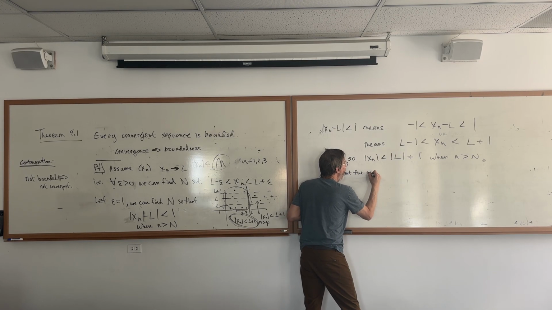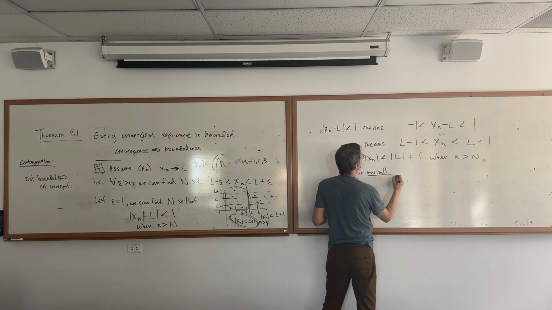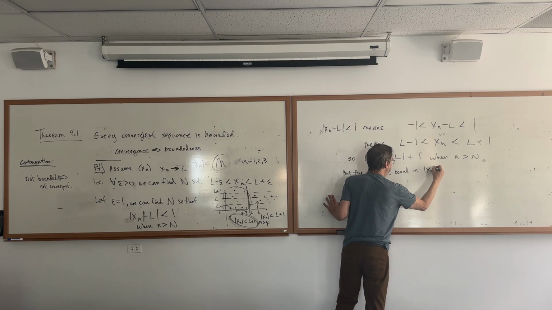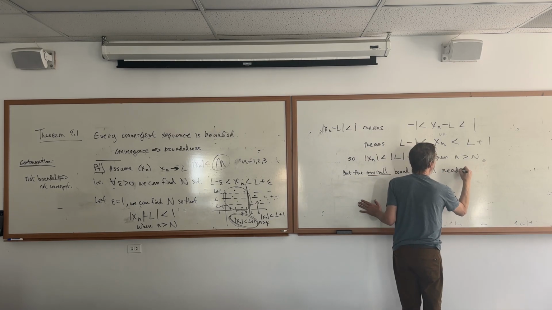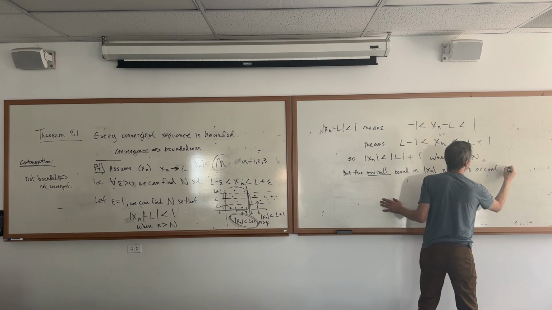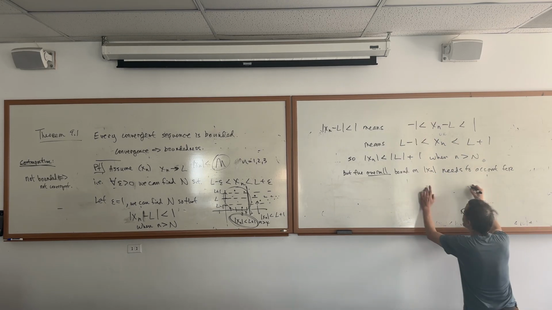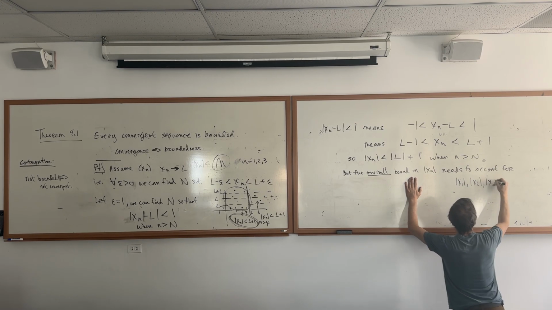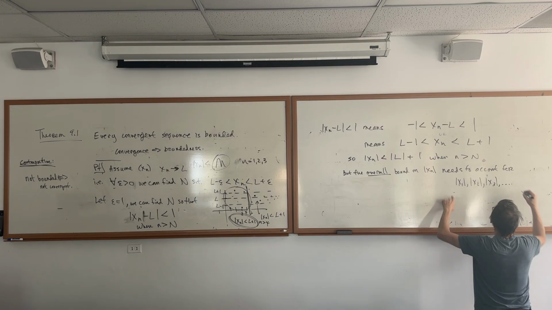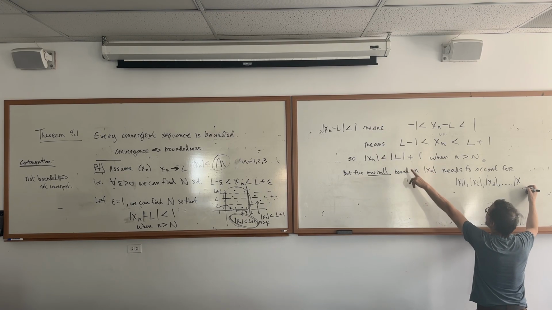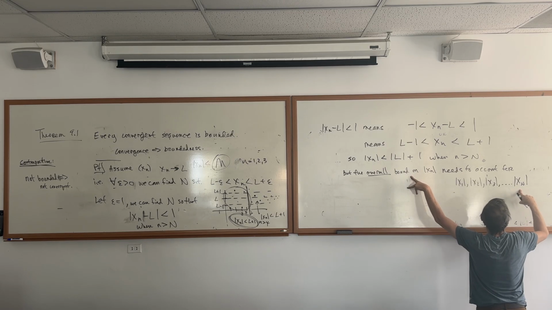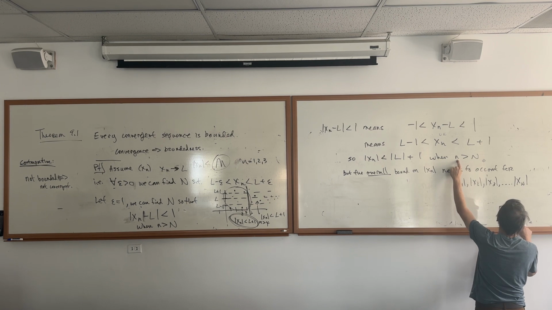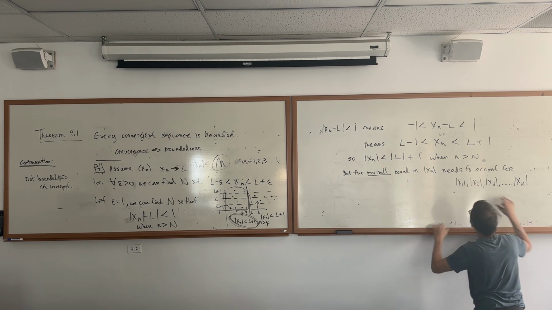The overall bound on absolute value of x needs to account for, and let's write them out: magnitude of x1, magnitude of x2, magnitude of x3, blah, blah, blah, up to magnitude of capital X sub capital N, because we're moving past that. Capital N plus 1 is where we're starting here. So we've got to account for these.